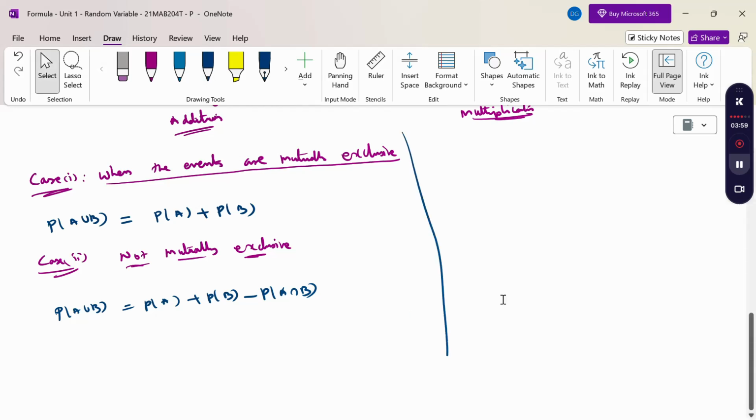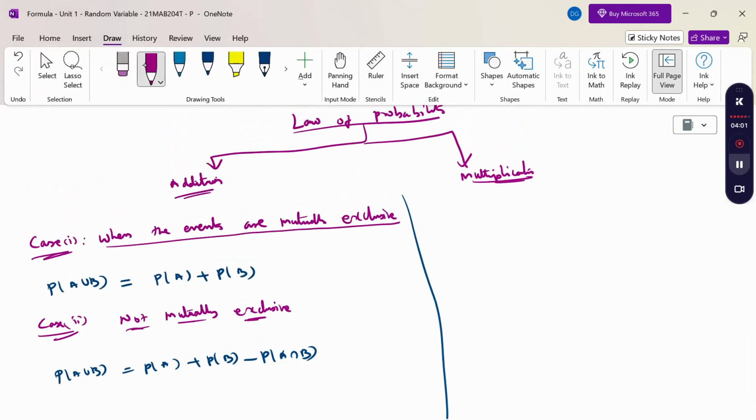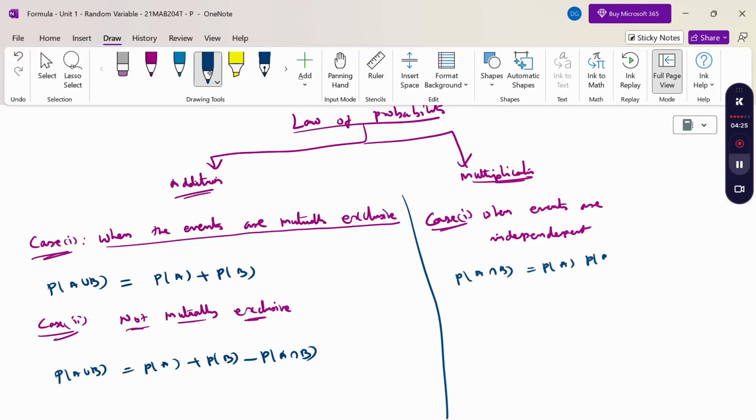And the multiplication law. Case 1: when the events are independent, probability of A intersection B equals probability of A into probability of B. This is the formula for multiplication, case 1.